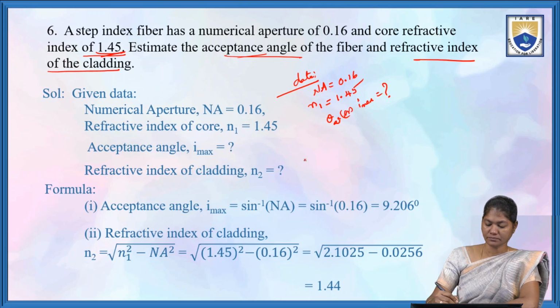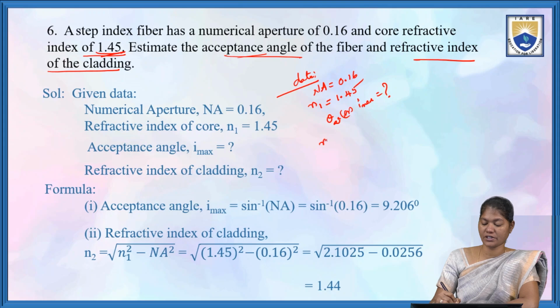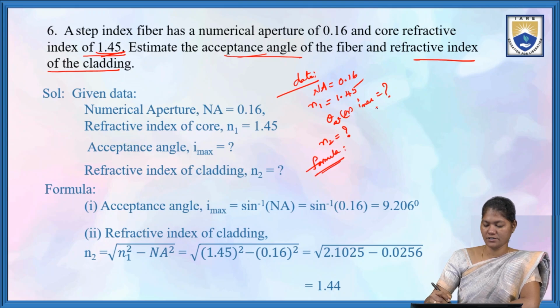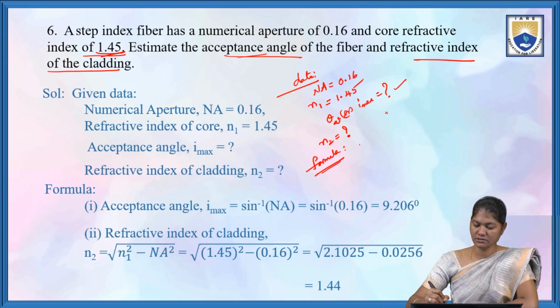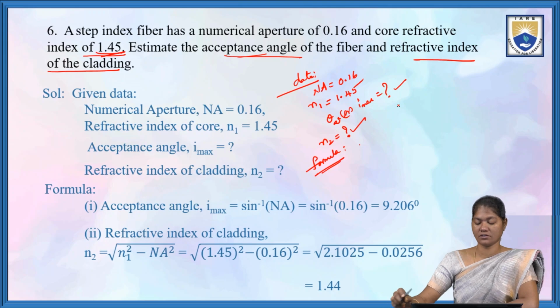Then we also need to calculate the refractive index of the cladding, which is N2. So let's calculate the acceptance angle and also the refractive index of the cladding.